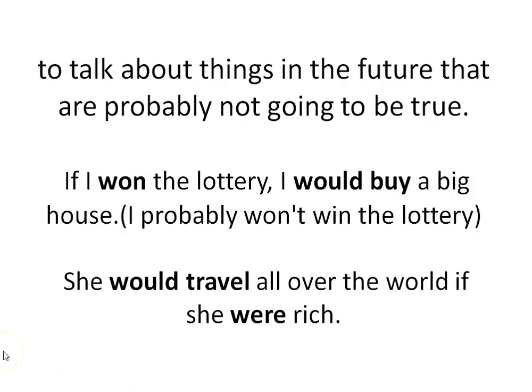So if we examine the sentence, we can find two clauses. In the first clause, if I won the lottery, WON is in simple past tense. That means win, won, that is the V2, that indicates the simple past tense. And the second clause, the main clause, I would buy. Just remember the structure.